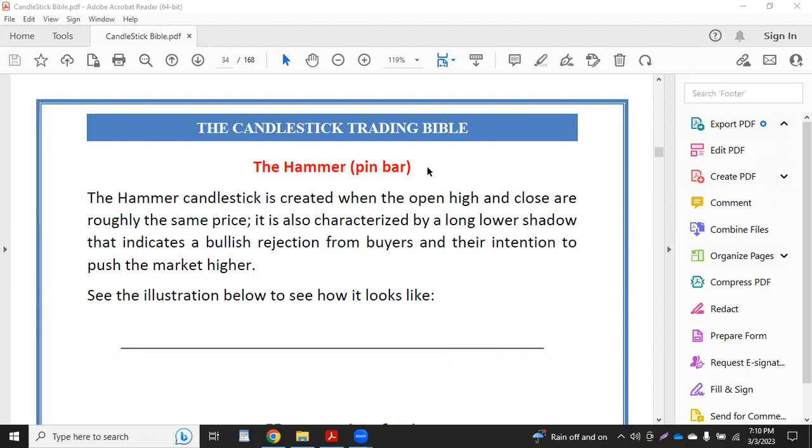It gives us information that we can use to make trading decisions in the future. So every pattern you're seeing, every candle, if the candle is an impulse candle and is very large, it's telling us something. If the candle is very small, it's telling us something.